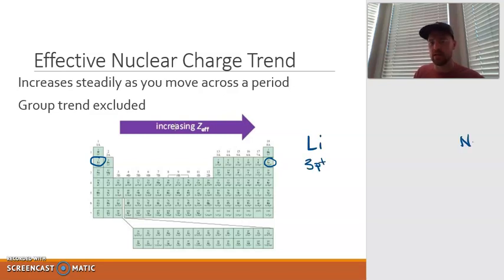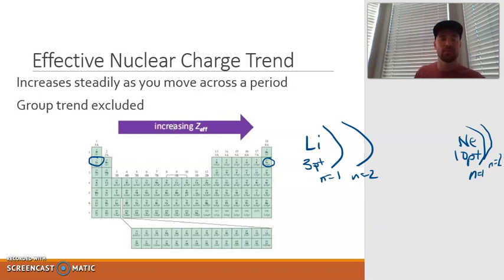Neon, on the right side, has 10 protons. Now, what do these two elements have in common? Because they're both in row 2, they both have 2 energy levels, n equals 1 and n equals 2. So in both of these examples, these atoms have valence electrons in the second energy level. And I'm just drawing general amounts of electrons, not necessarily accurate.